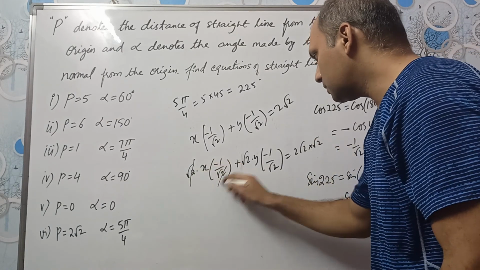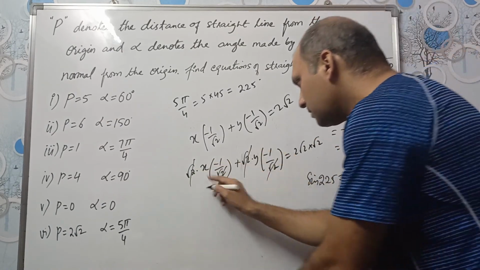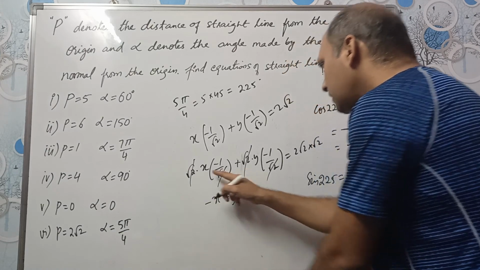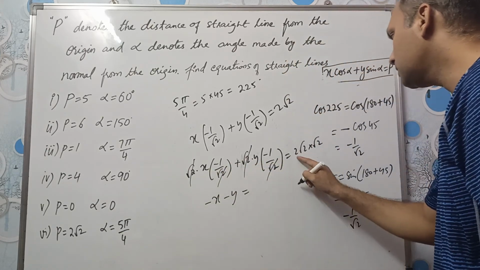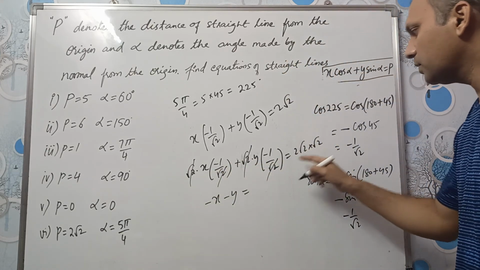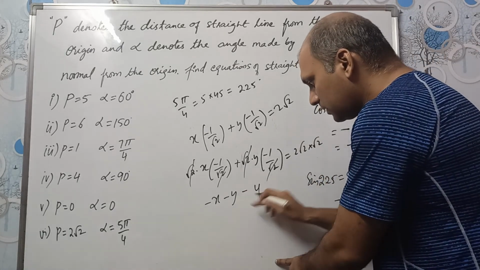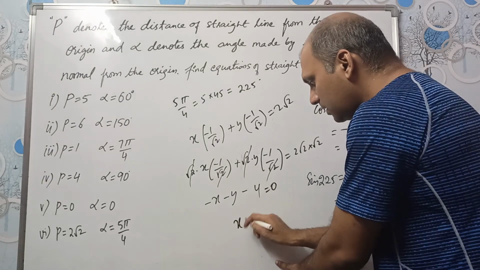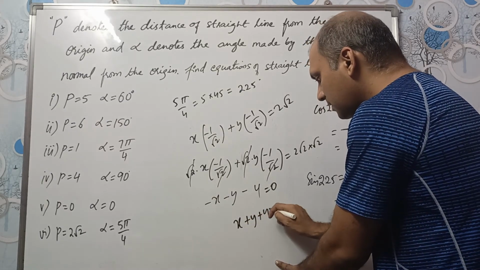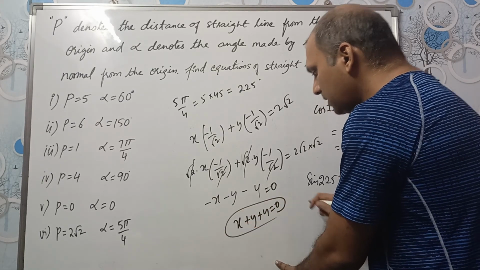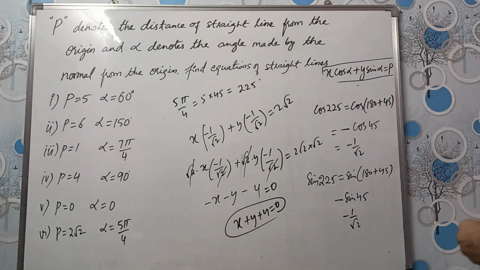So the root 2s cancel here. Minus x minus y is equal to 2 root 2 into root 2 is 2, so 2 twos are 4. Now if you send this 4 to the other side, or if you change the signs, we have x plus y plus 4 is equal to 0. This is the required equation.